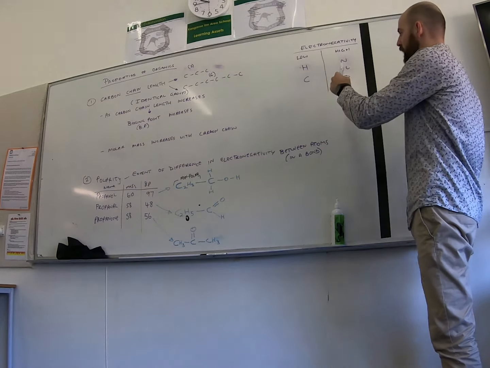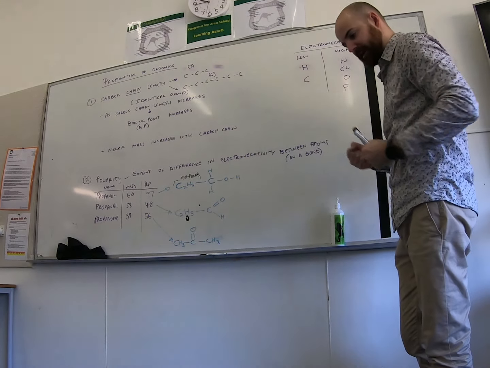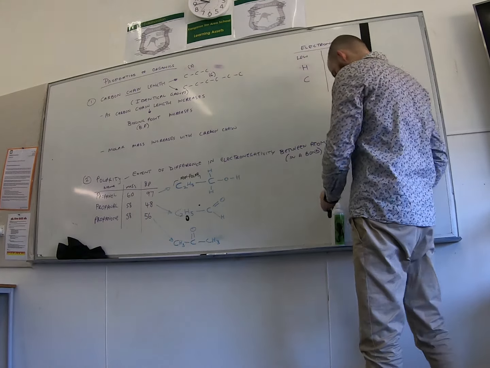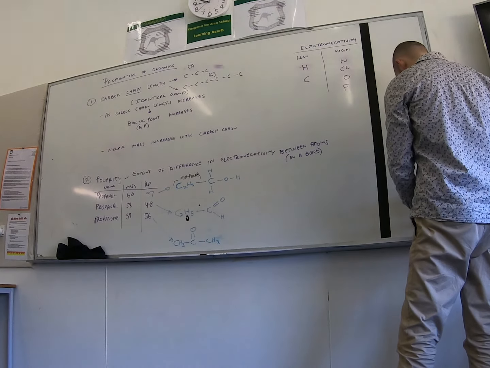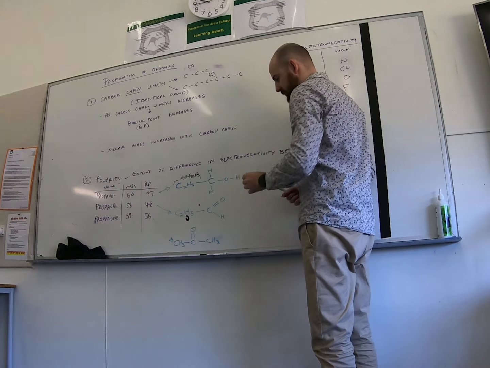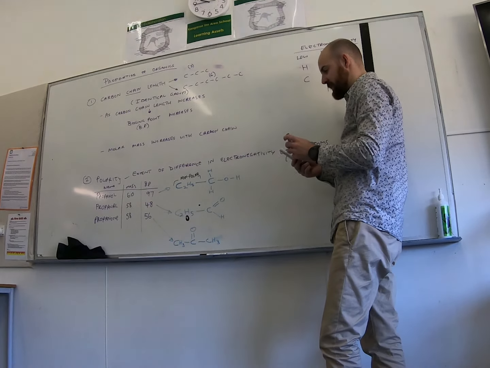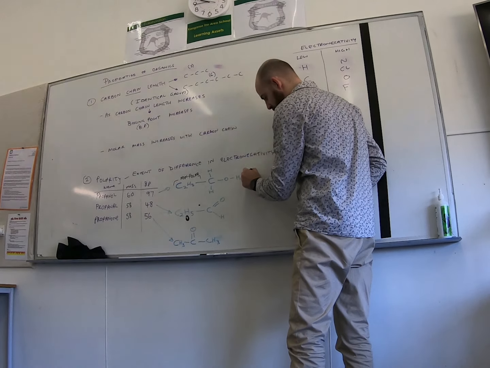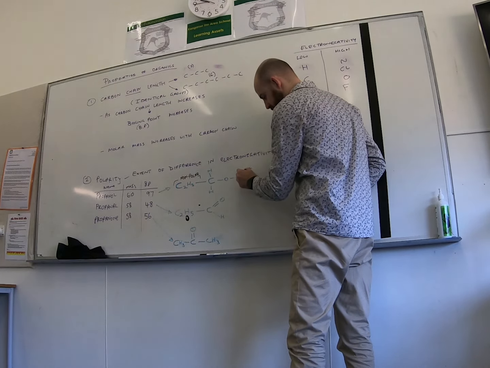It means that the oxygen is pulling the electrons closer to itself from the hydrogen, because they're sharing electrons in this instance. So between that and that, we've got an electronegativity difference. Therefore, this group here is considered to be polar, this bond.